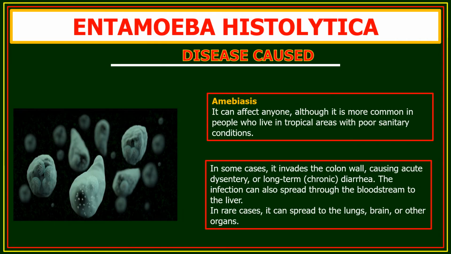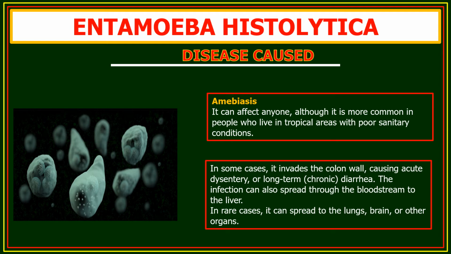The disease caused by this parasite is called amoebiasis. It can affect anyone, although it is more common in people who live in tropical areas with poor sanitary conditions. An example is here in the Philippines: we are a tropical area, and some places have poor sanitary conditions, like those in urban areas.